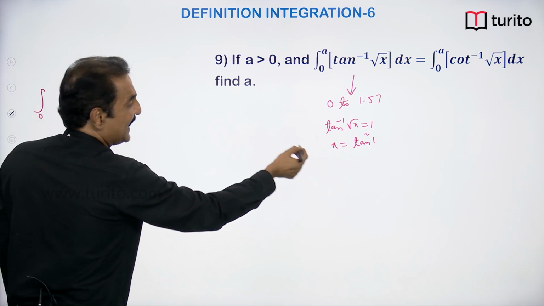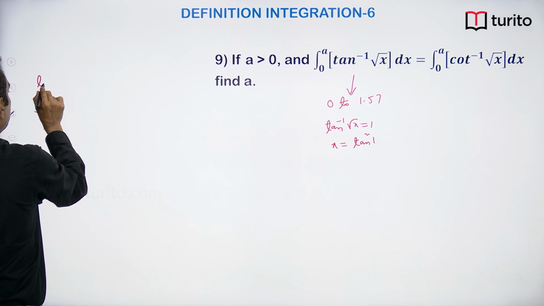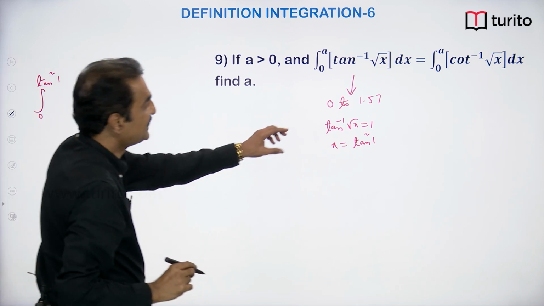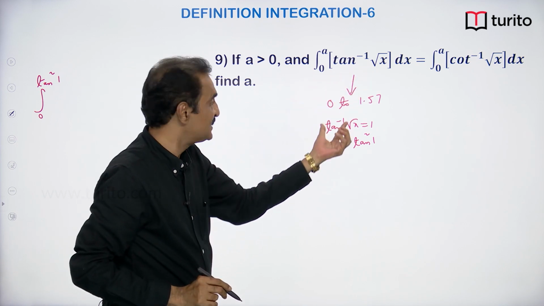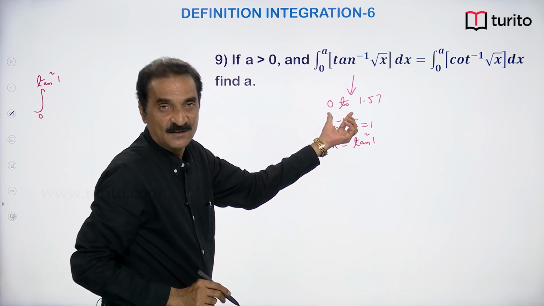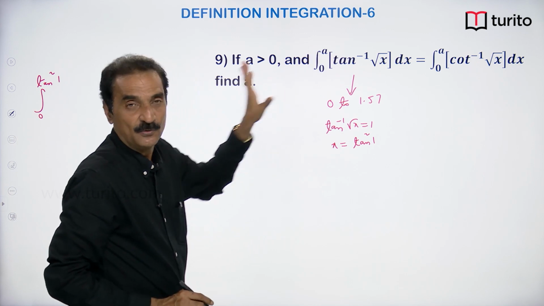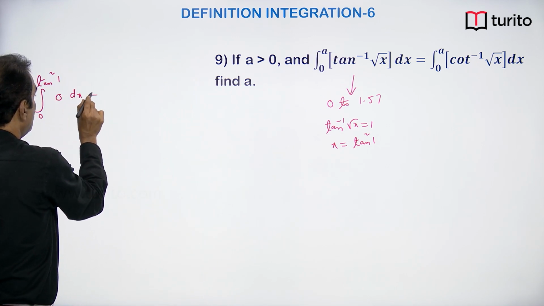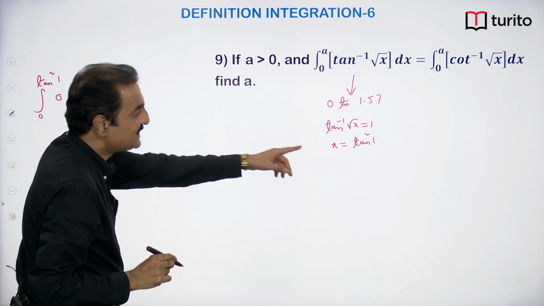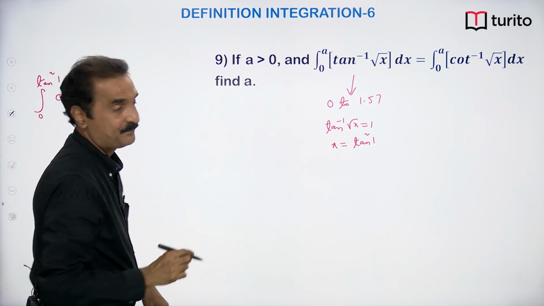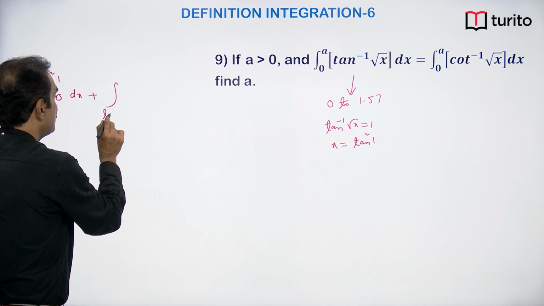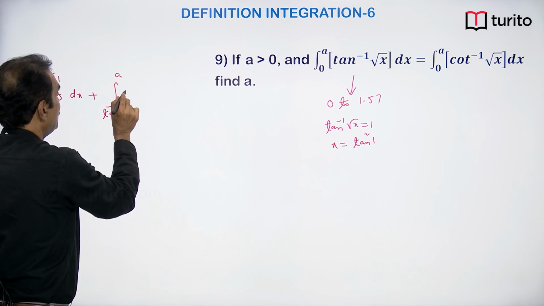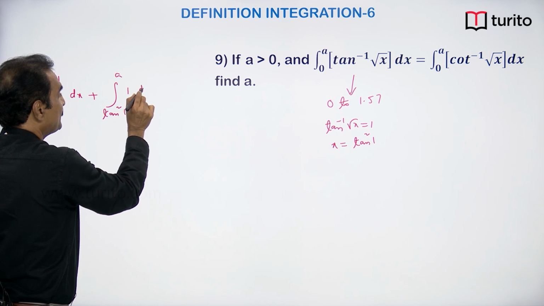Integral 0 to tan square 1. In this interval, tan inverse root x lies between 0 and 1. So this integral part will be 0. Plus tan square 1 to the upper limit a. In this interval, the integral part will be 1.